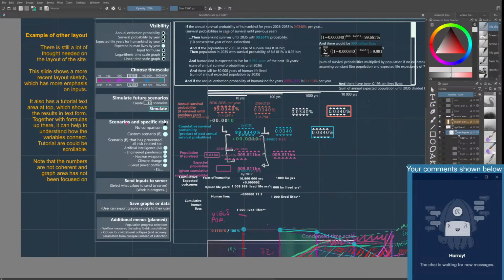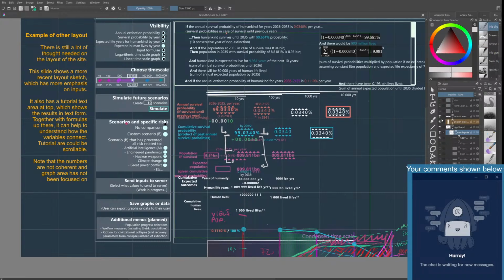I'm going to clean this up a little bit first, because there's all of this stuff that doesn't really. So here, take out this one.